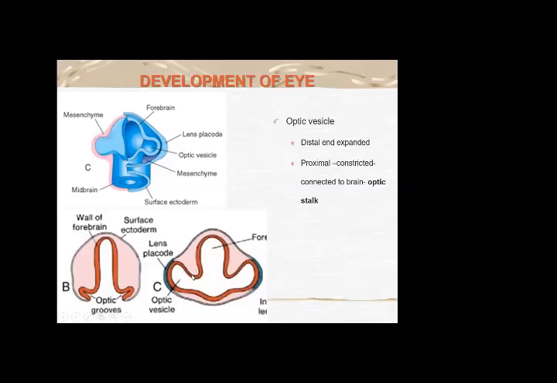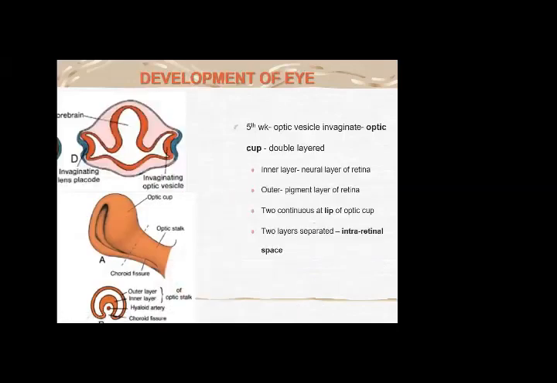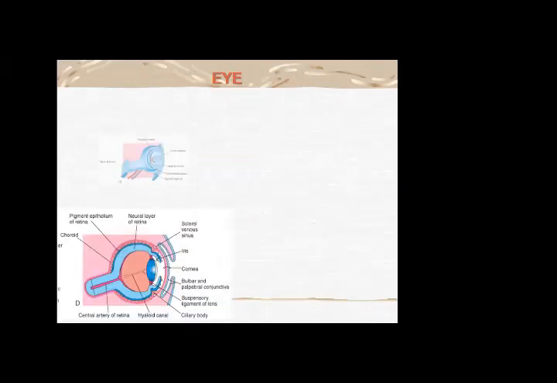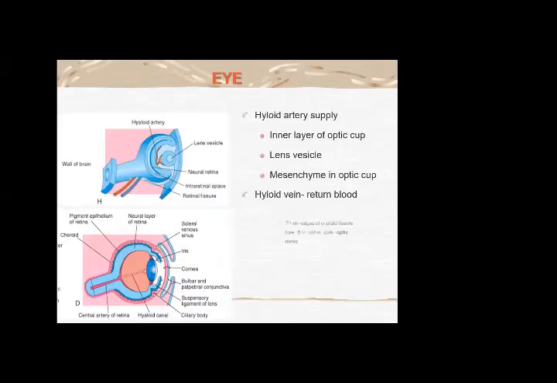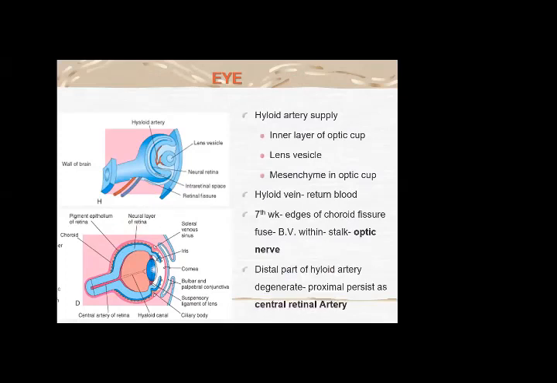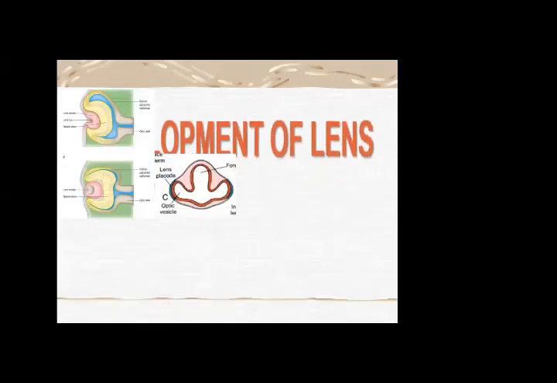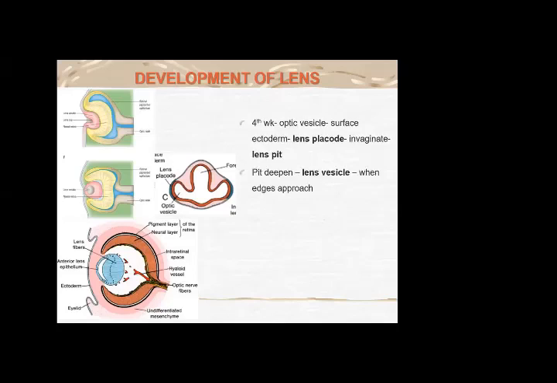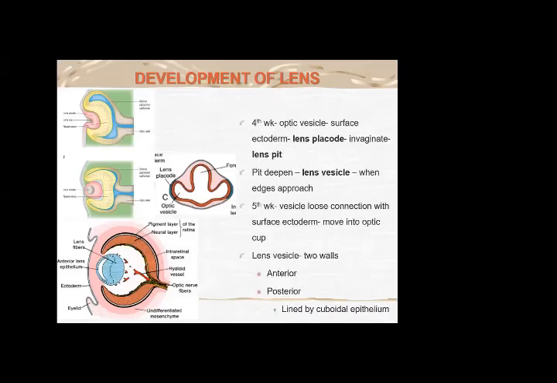This evagination develops into optic vesicle. ठीक है? So optic vesicle is simply the evagination of forebrain. जबकि lens vesicle जो develop हुआ है, ये optic vesicle is formed by the evagination of forebrain, जबकि lens vesicle thickening of surface ectoderm.